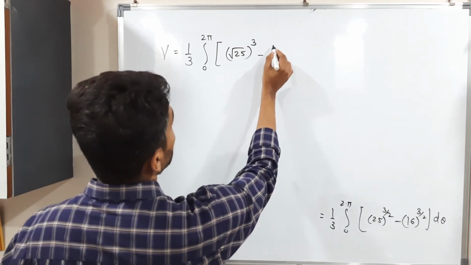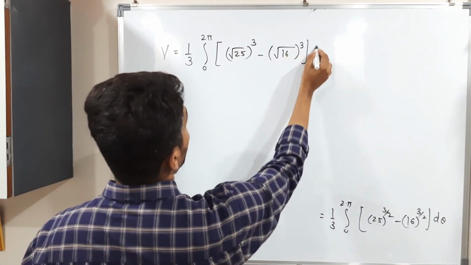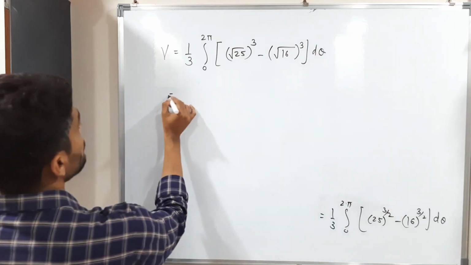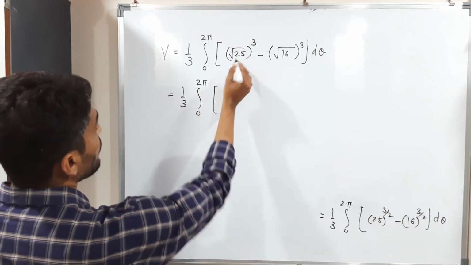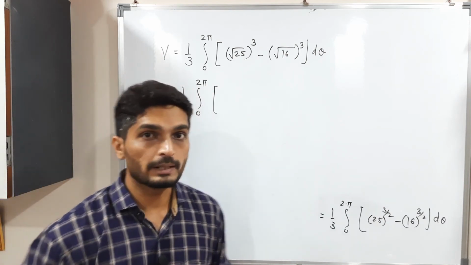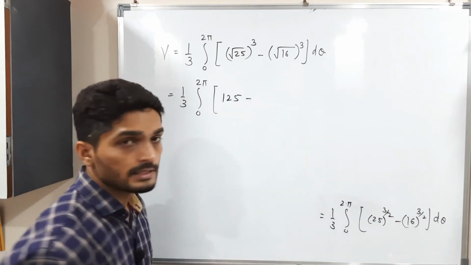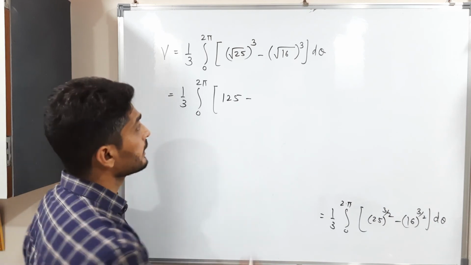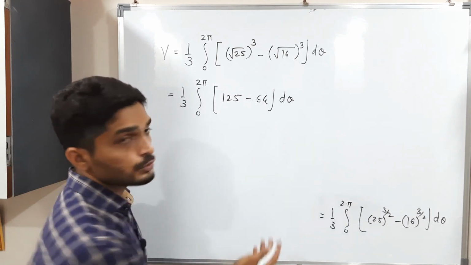So minus, same thing here, root 16 cube d theta. So this is 1 by 3 integration 0 to 2 pi. What is root of 25? Root of 25 is 5 and its cube, that means 125. Minus here, root of 16 is 4 and its cube, that means it is 64. So d theta, and it is constant, so we can take it outside.